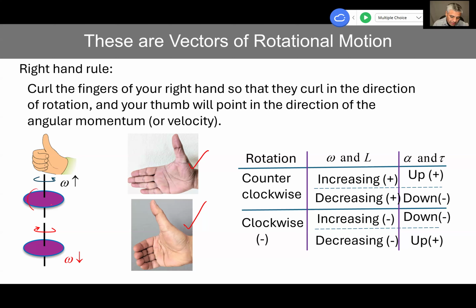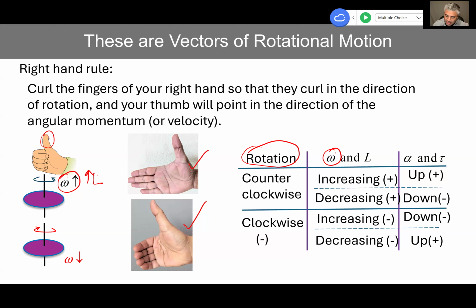So this is going counterclockwise, so this is pointing up, okay? So angular velocity is pointing up. So when rotation is counterclockwise, omega is up and L is also up because they have the same direction.